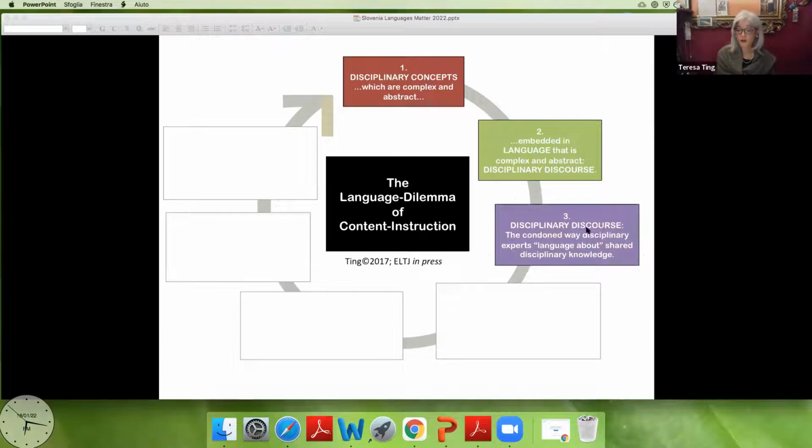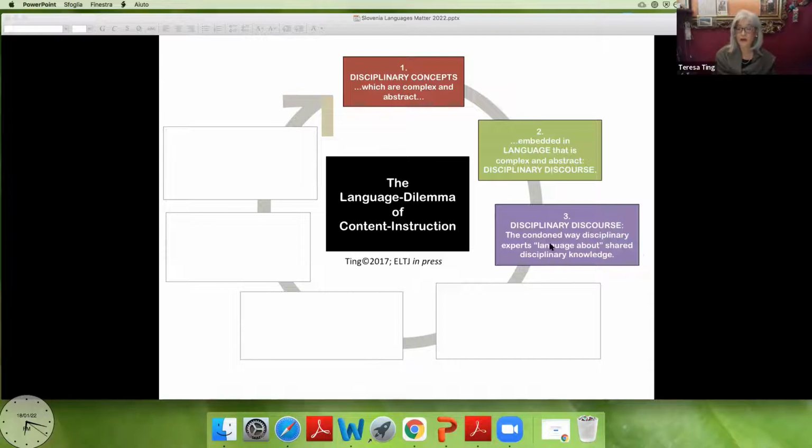Disciplinary discourse is the condoned way that disciplinary experts language about shared disciplinary knowledge. So the community of practice, they have decided that this is how we speak about tables for IKEA. This is how physicists speak about motion. This is how surgeons have to speak about cardiology, etc. This is discipline condoned ways.